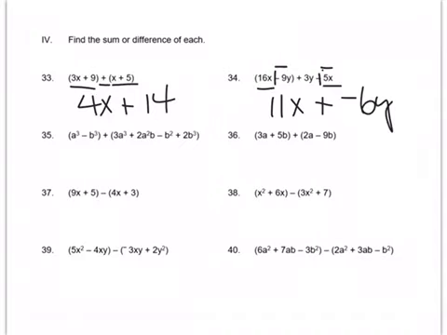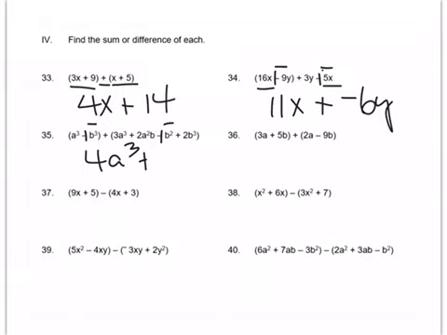Okay, now we got a tough one here. So I'm going to change this subtraction to addition next to its opposite. We'll change this subtraction to addition next to its opposite. Now I add like terms. So I've got an a cubed and a 3a cubed, which would give me 4a cubed, plus, okay, I've got a b cubed.